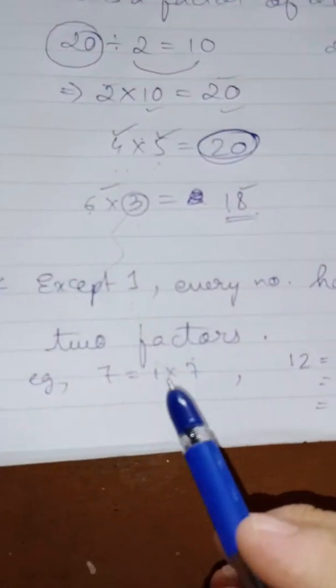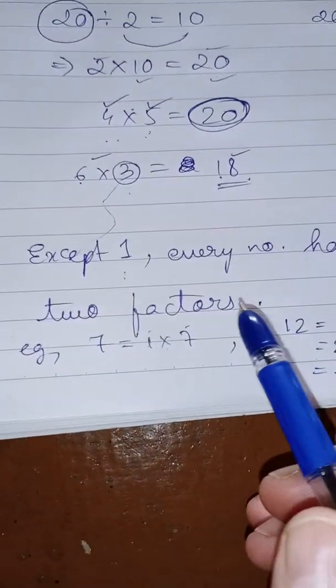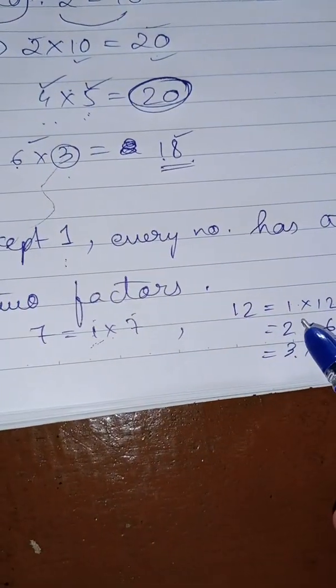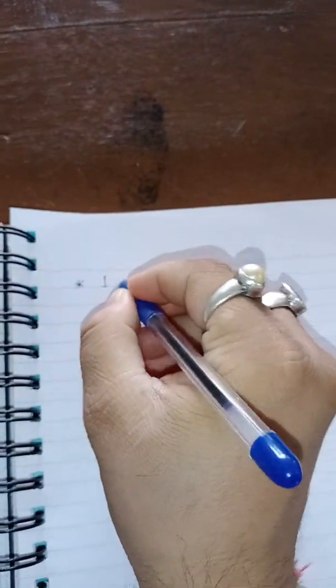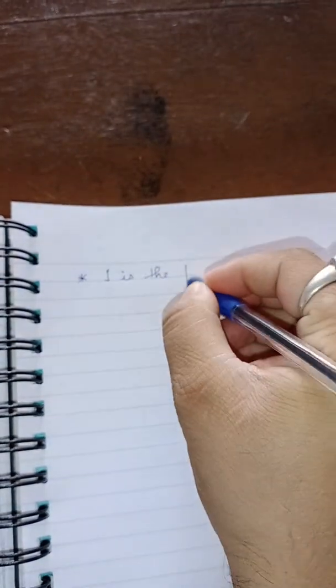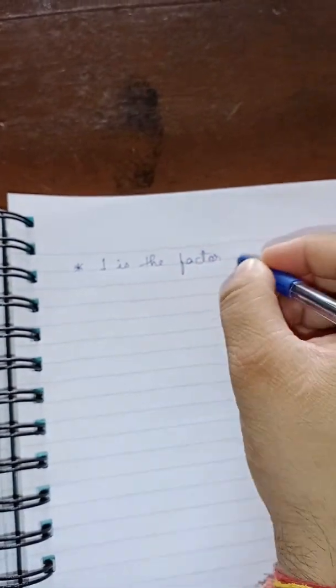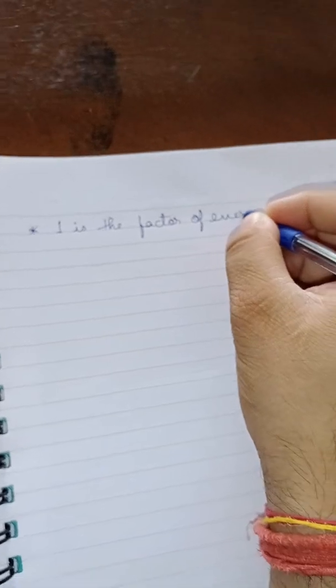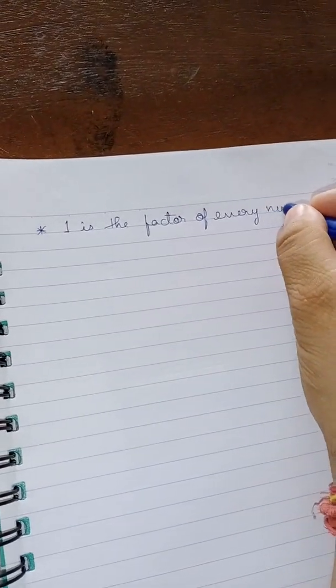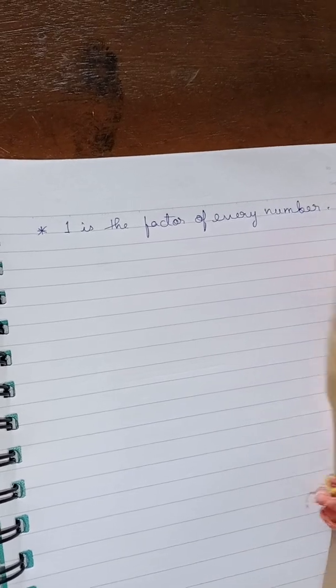Secondly, as you can see, when I write the factors, 1 comes here also, 1 comes here also. So what does that mean? That means that 1 is a factor of every number.